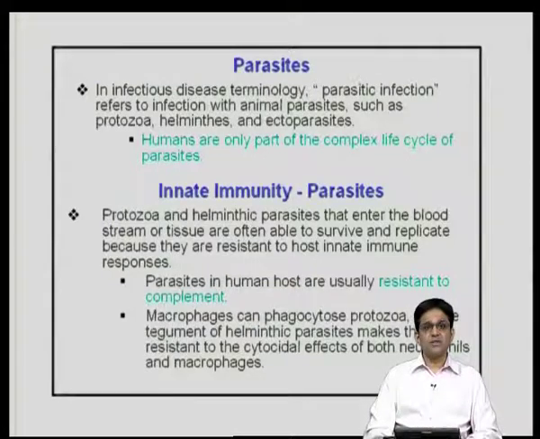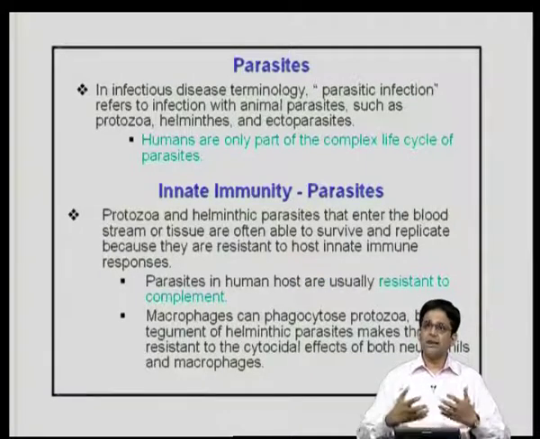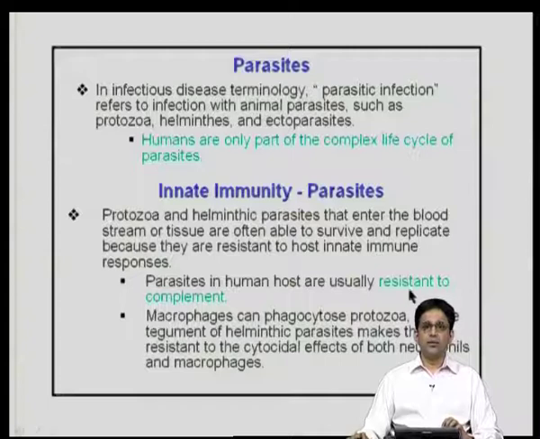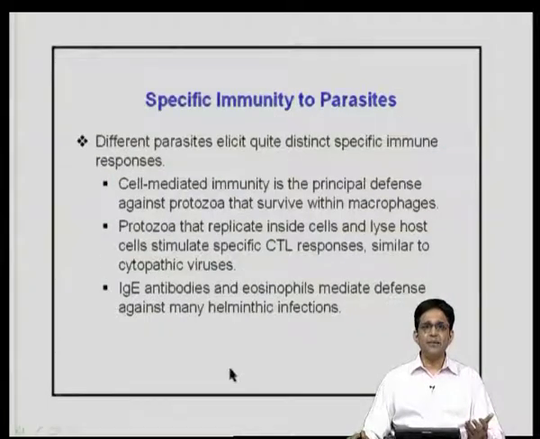Some of the features are that parasites in the human host are usually resistant to complement, and macrophages can phagocytose protozoa, but somehow they are resistant to macrophages, complement, and so on. So that makes it a little bit difficult.